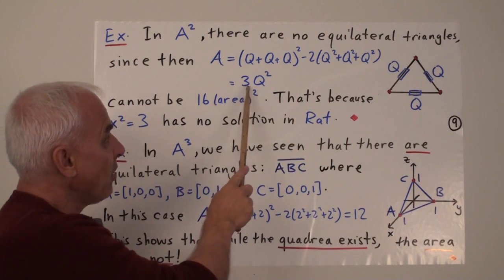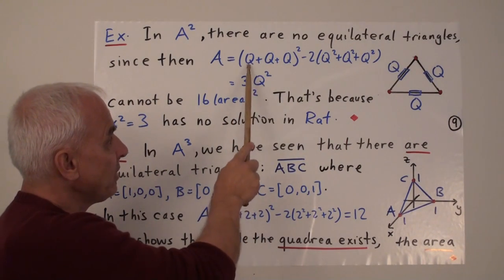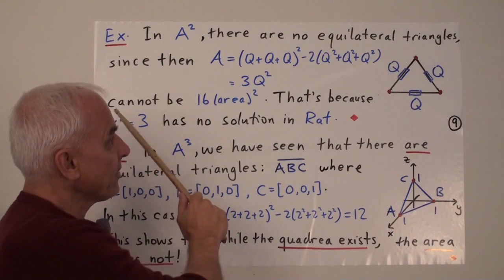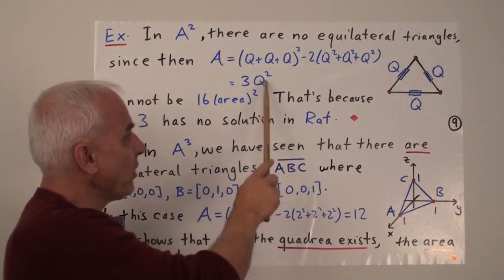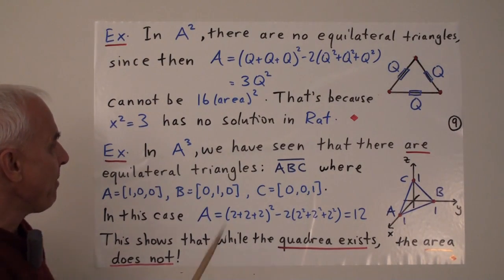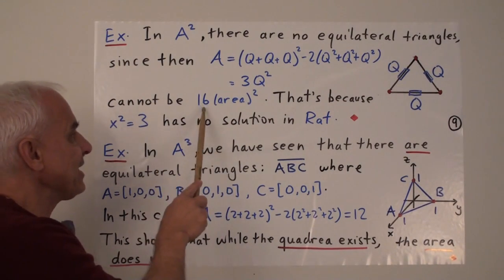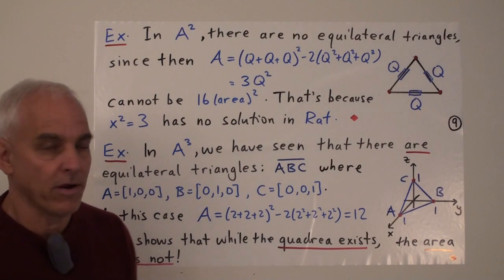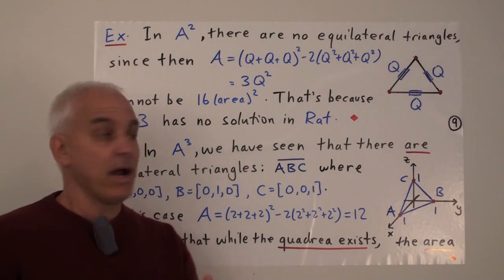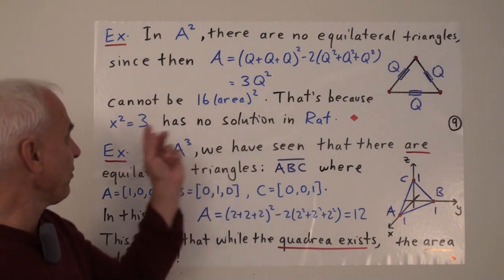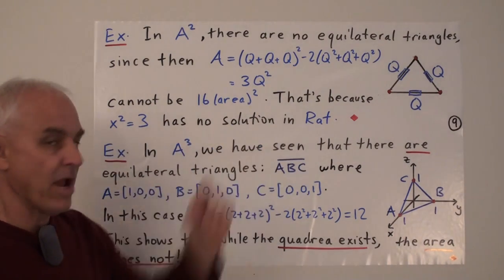You get altogether 3Q squared, because here there's a 9Q squared, and here there's a minus 6Q squared, for a total of 3Q squared. But such an expression cannot be 16 times the area squared, because in that case everything here is a square except for 3, which would imply that 3 is a square. So 3 is not a square in rational numbers.